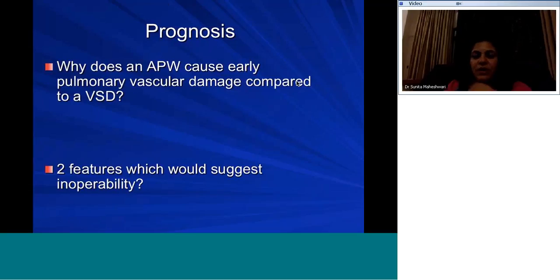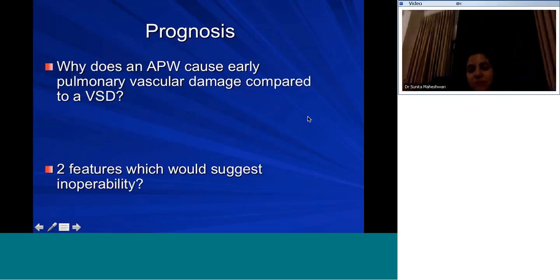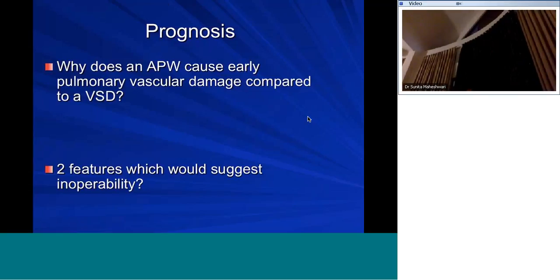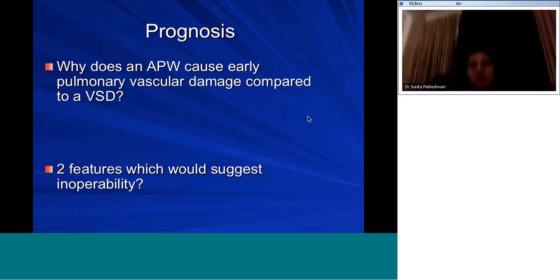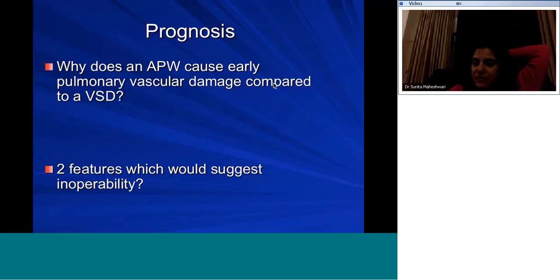Okay? Now, prognosis of AP windows. Why does an AP window cause early pulmonary vascular damage compared to a VSD? Anyone? So high pressure, yes, but even a VSD has high pressure, right? A large VSD also has high pressure.